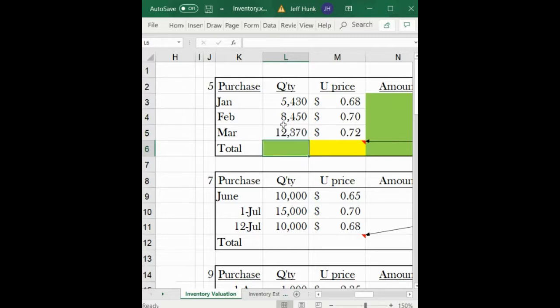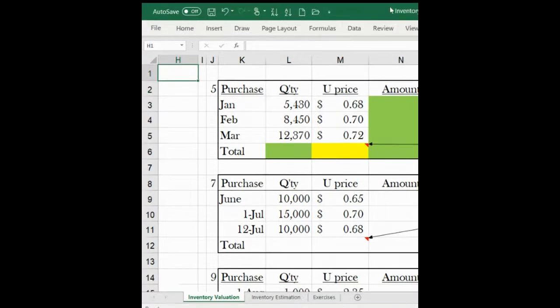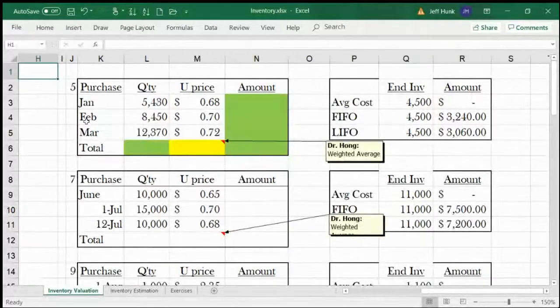Okay. Now, let me also add the prices. Then what do I do?